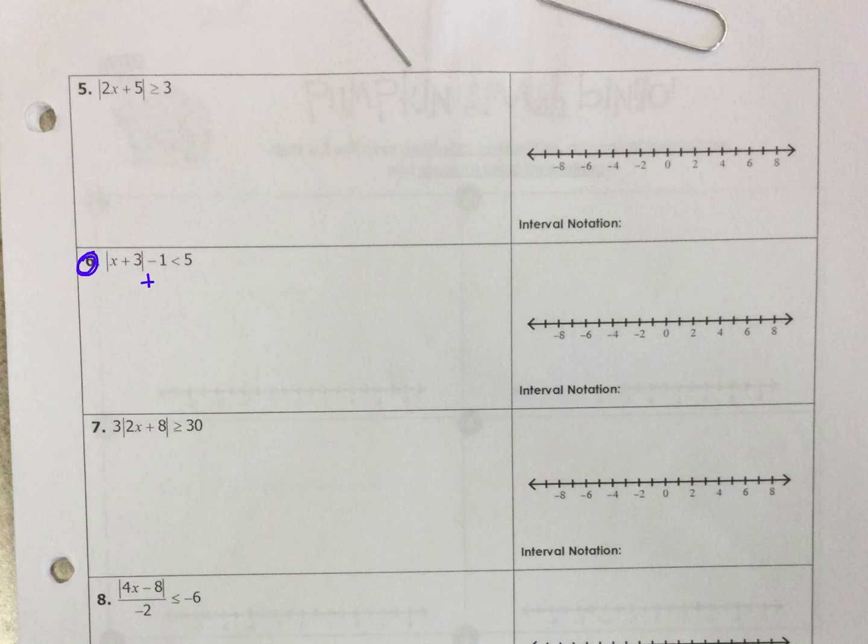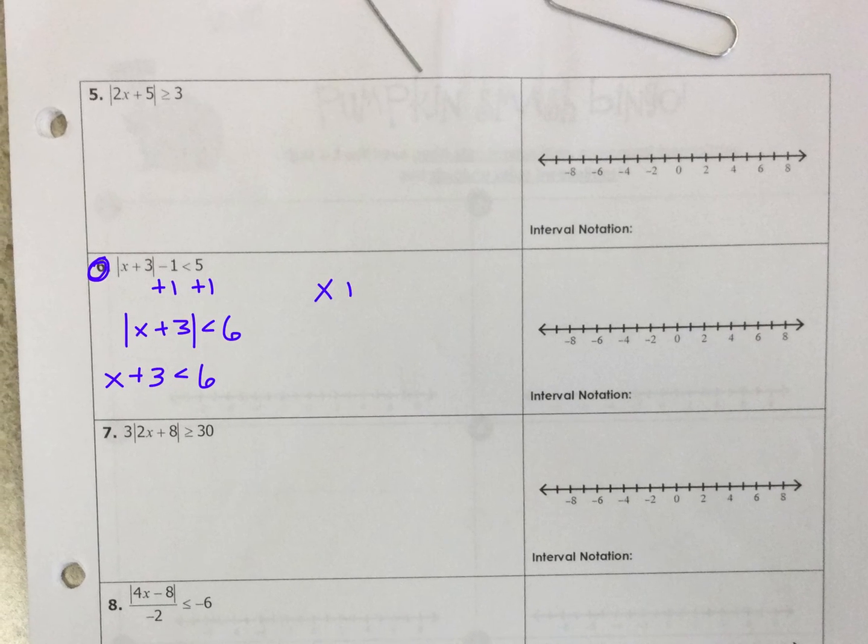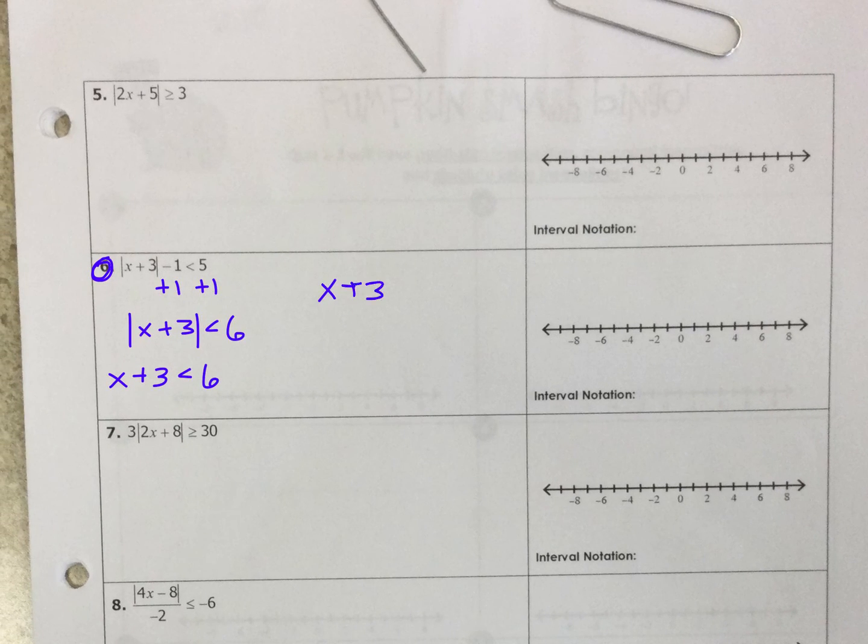And do you remember that you cannot get out of jail until your visitors leave? So I moved the 1 away, and that made a 6. Now he can get out of jail. When he gets out of jail, he has 2 choices. He can be positive, or he can get out of jail and flip out and be negative.